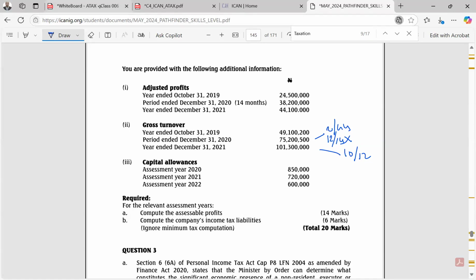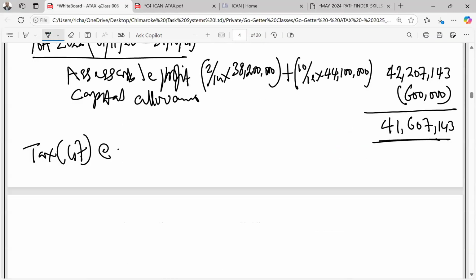Yes. So that is how you do it now at 20%. So look for 20% of this. 20% of this is 8,321,428,429.